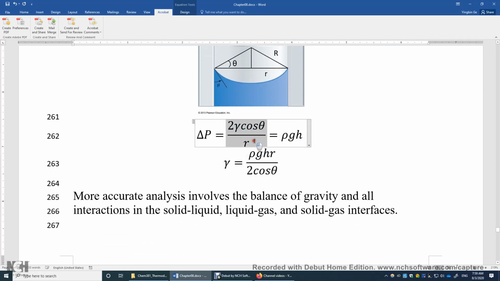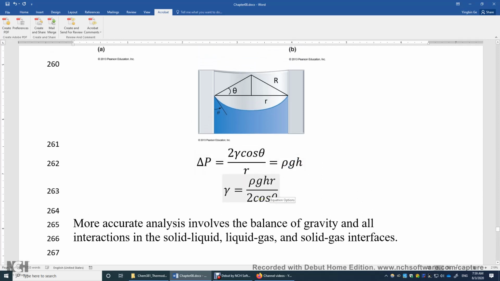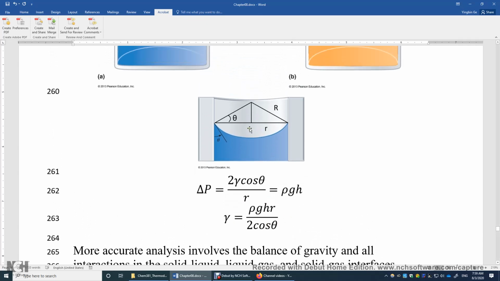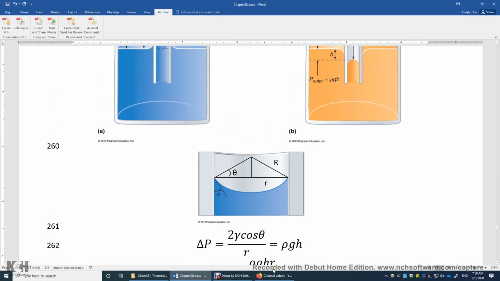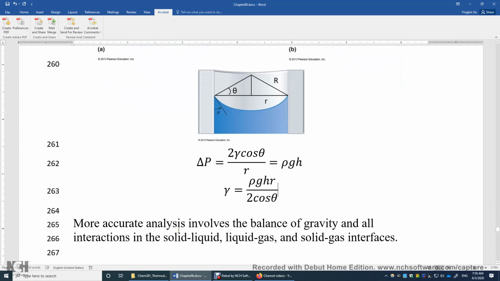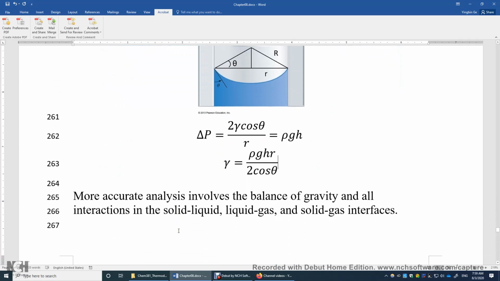This is the equation for the pressure change caused by the surface tension, and therefore surface tension is just rho g h r over 2 cosine theta. And you can see this is the r, and this angle is the theta, and this h is simply the elevated liquid.